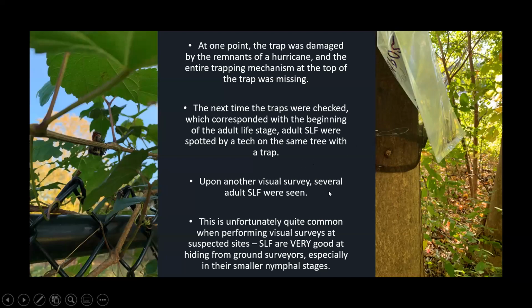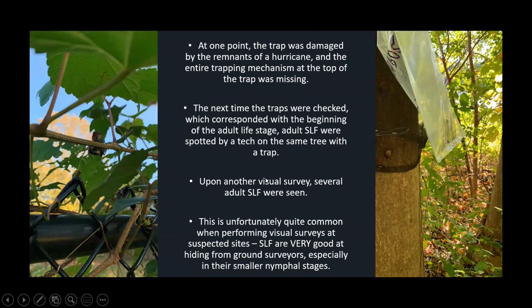So upon another visual survey, we saw several adult SLF on these original trees. And this is unfortunately quite common when we're performing visual surveys at suspected sites. SLF are very good at hiding from ground surveyors, especially when they're smaller.